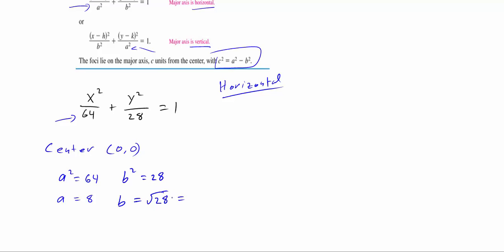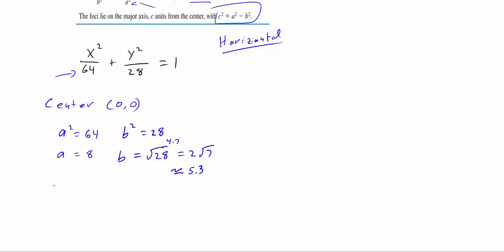We could break that down, thinking of 28 as 4 times 7. Then the square root of 4 would be 2, and you're left with the square root of 7. Or if we put that into the calculator, that's approximately 5.3.